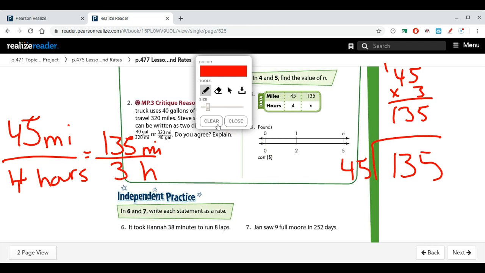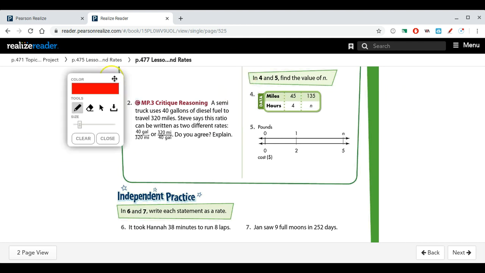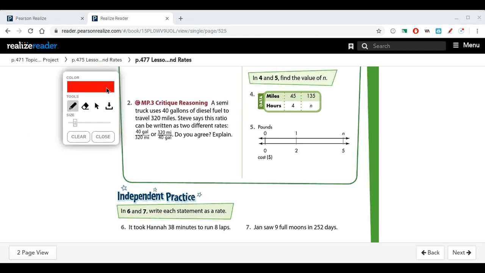Okay, so next one that I'm going to do is cost per pound. And so when I look at cost per pound, I start with my units. For 1 pound, it costs $2. For N pounds, it costs $5. So if I have 1 pound, there's my unit of measurement because it's a rate, to $2, I have to look at how do I get to $5 with N. And so 2 times what's going to get me to 5.